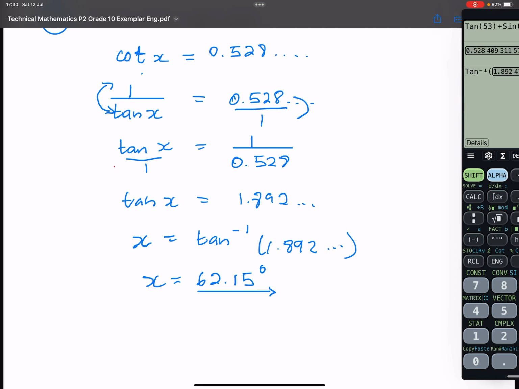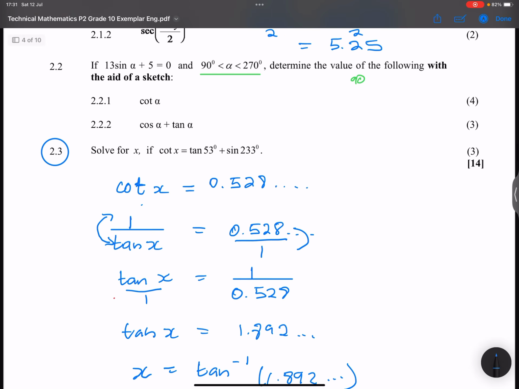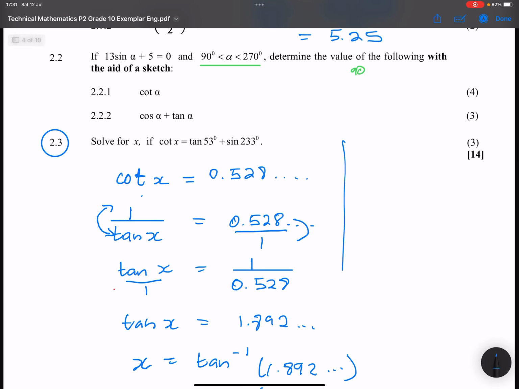And ladies and gents, because I'm not looking for what we call the general solution, I'm going to keep that right there. Okay, so of course, what you could have also done for this, some people would prefer to represent this as cot x, which is equal to tan of 53, because I already have 53 over there. I could have said, well, this is sine of 180 plus 53, right?